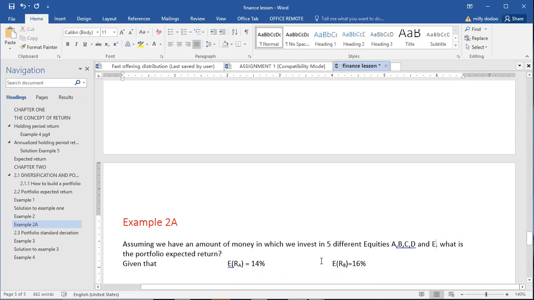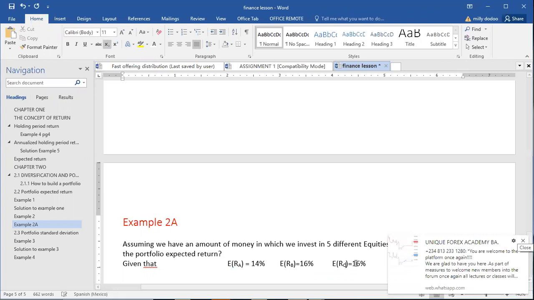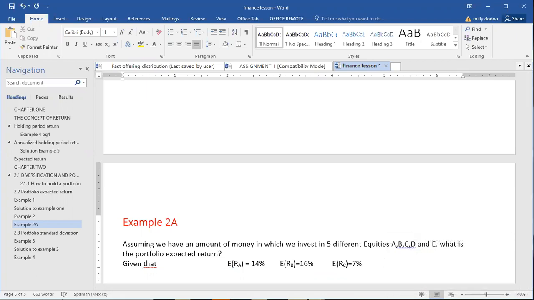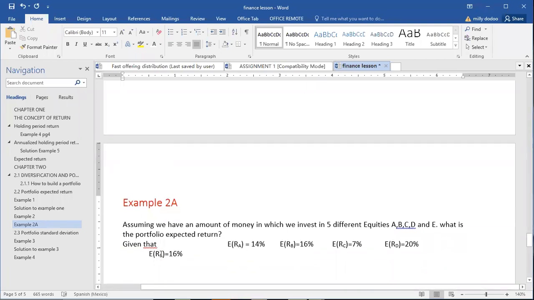What is the expected return given that portfolio return for A is 14, for B is 16, portfolio return for C is 7, portfolio return for D is 20, and portfolio return for E is 35. So this is the next illustration we want to look at.